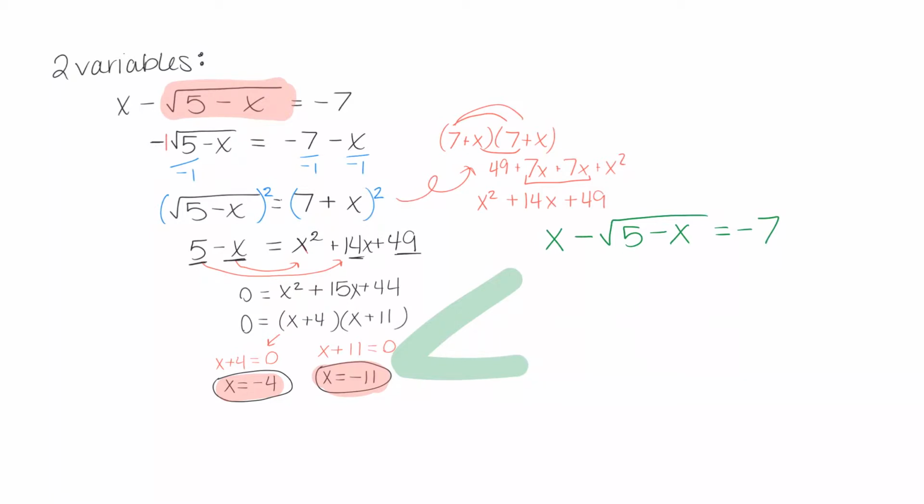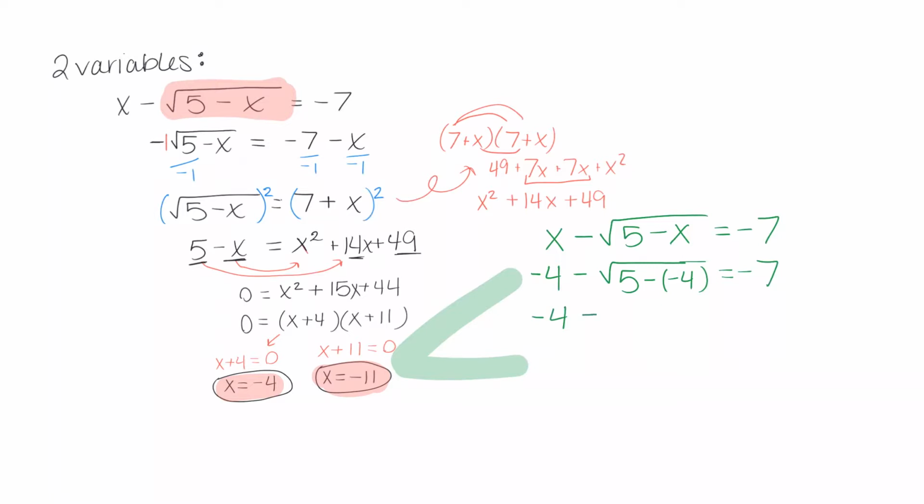I'm going to plug that negative 4 in. So negative 4 minus the square root of 5 minus negative 4 equals negative 7. So remember, do not rearrange. Don't move anything. Just make it all equal each other.